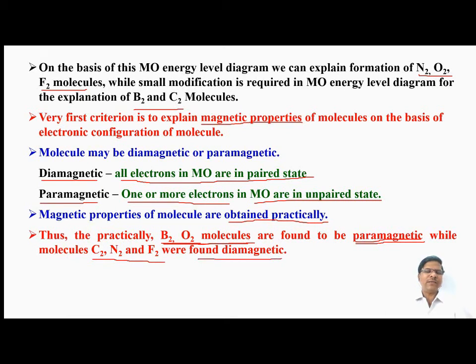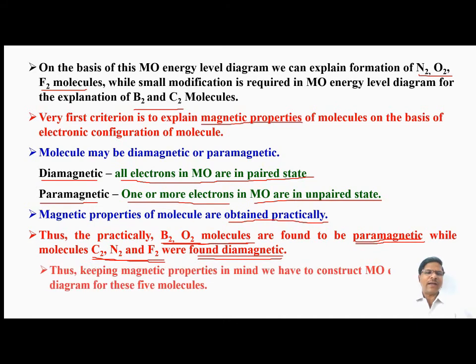What does it mean? These three molecules contain all electrons in the paired state. This is the meaning of diamagnetism in a molecule. So practically we know which molecules are paramagnetic and which are diamagnetic in nature.